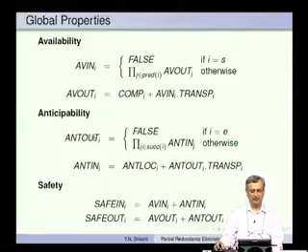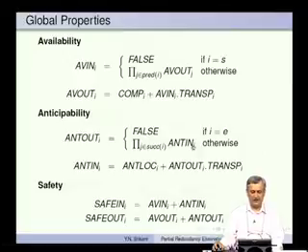What about anticipability? For a basic block I, ANTOUT is false if it is the end block. This is very similar to very busy expressions. Otherwise, you look at the successors of the basic block and take the AND operation of the ANTIN values.